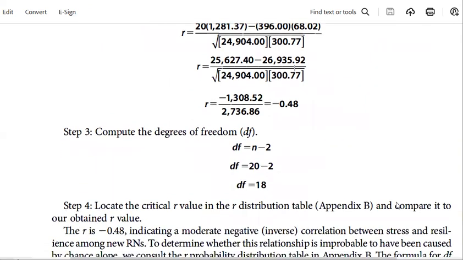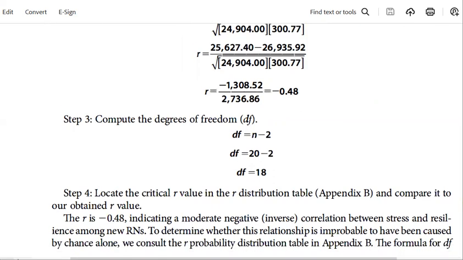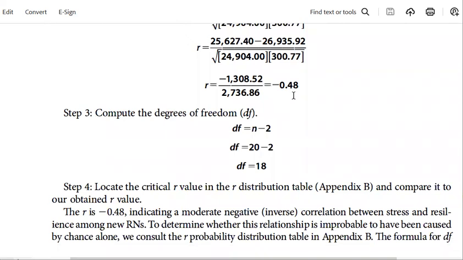So if we are not using a computer and statistical software and we're looking at our critical R value table, then we would be using degrees of freedom of 18, and we would compare our tabled R to the obtained R here, and our obtained R of negative 0.48 exceeds the tabled R in the Appendix B for degrees of freedom of 18.